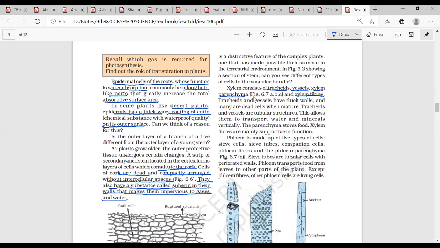Except parenchyma, these three are dead cells. So xylem is mostly dead, not all dead. Parenchyma is the only living part. The remaining tracheids, vessels, and xylem fibers are dead tissues.